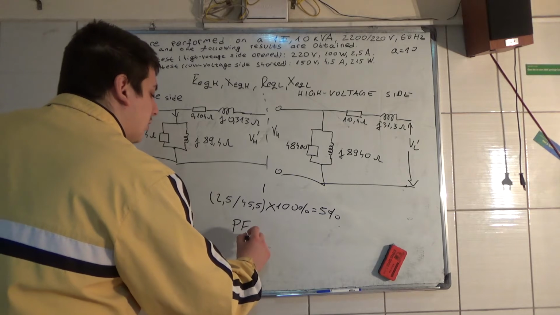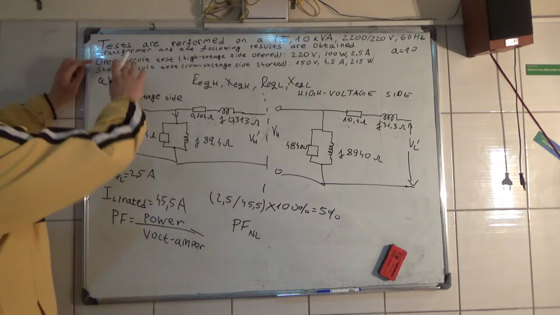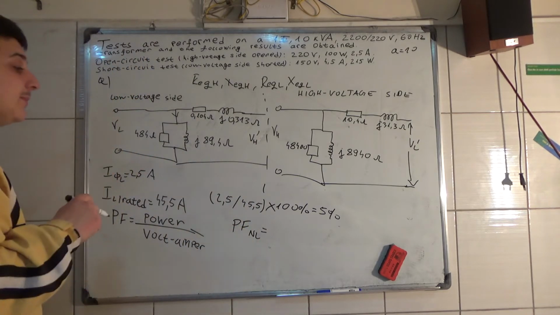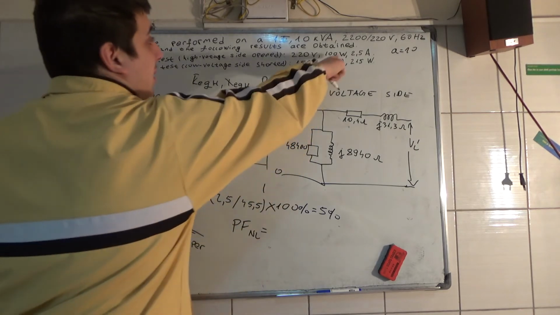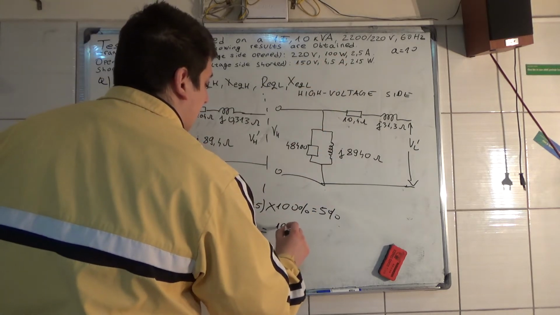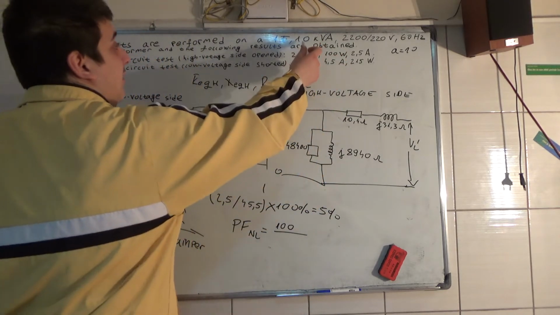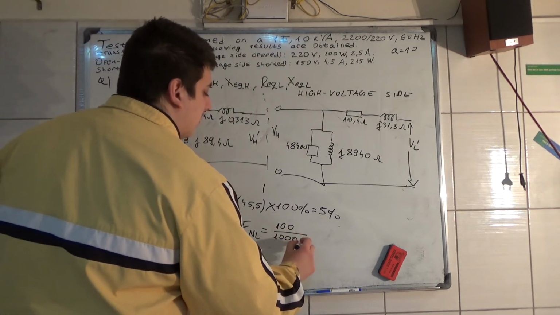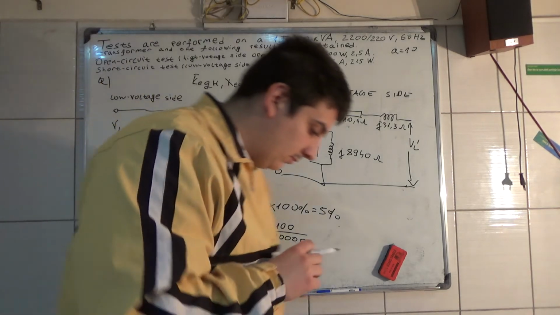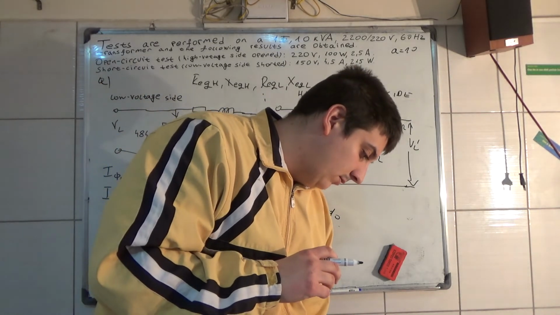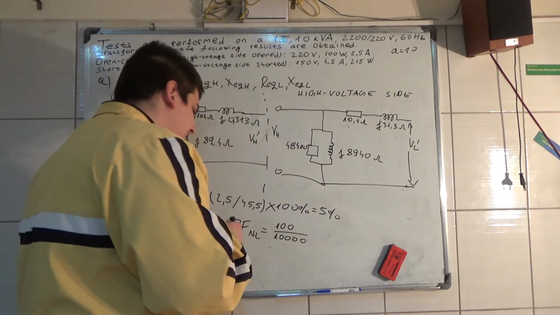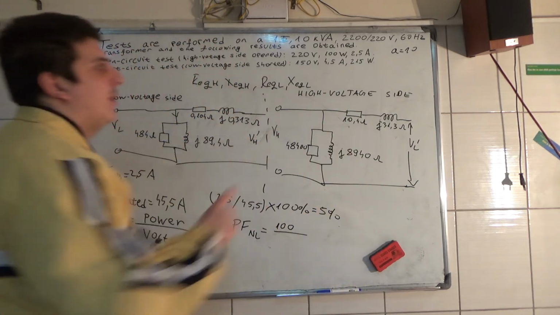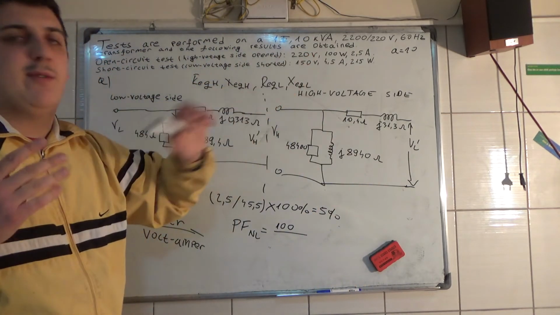So the power factor of the no load, or open circuit, you can write it open circuit, no load, that's the same thing, don't mix it up, is equal to the power, 100 watts, divided by the apparent power, the full volt ampere power, that is equal to 10,000. Oh, sorry. The apparent power is not this, because we used other measurements.